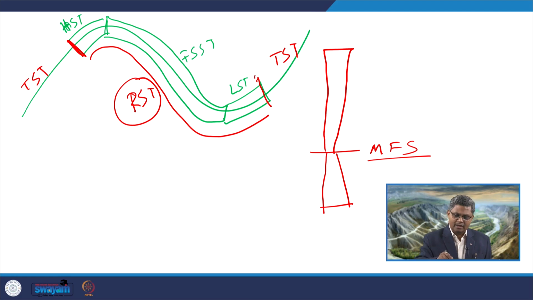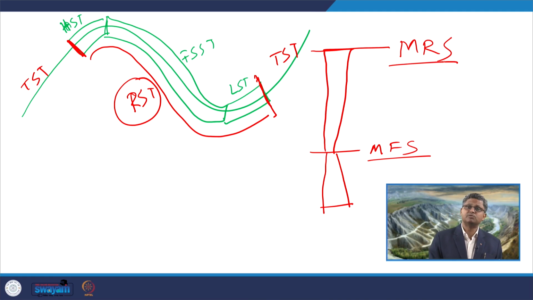The succession ends at the LST or at the LST-TST transition, and we already know that this particular surface is commonly marked by the maximum regressive surface, particularly in those areas where continuous deposition is going on. So, where do we get this?